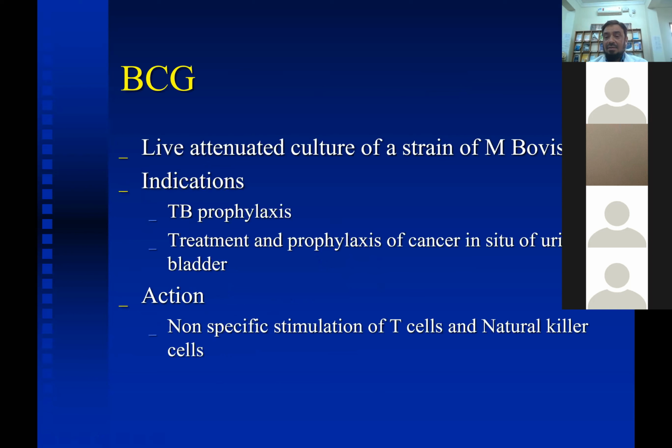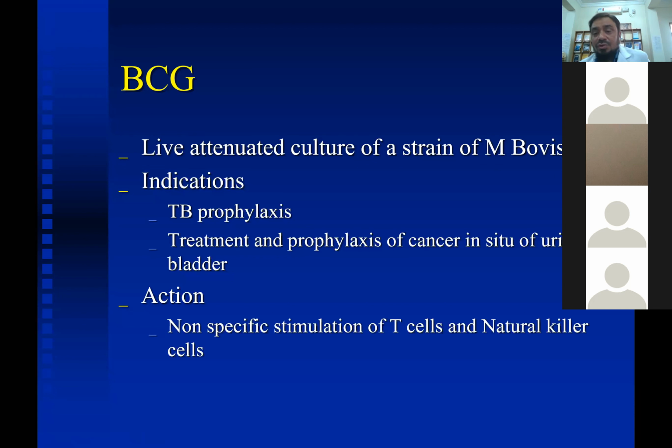BCG is a live attenuated vaccine from the culture strain, that is strain Bacillus Calmette-Guerin of Mycobacterium bovis. It is indicated for prophylaxis of tuberculosis, generally given at birth, intradermally, with the help of a tuberculin syringe. 0.5 ml is given intradermally, and that gives around lifelong or 20 years of immunity for tuberculosis.